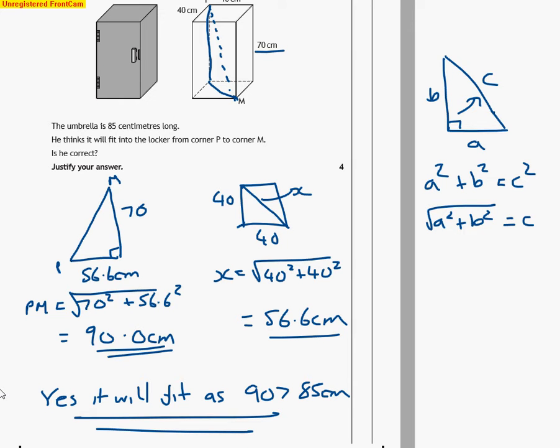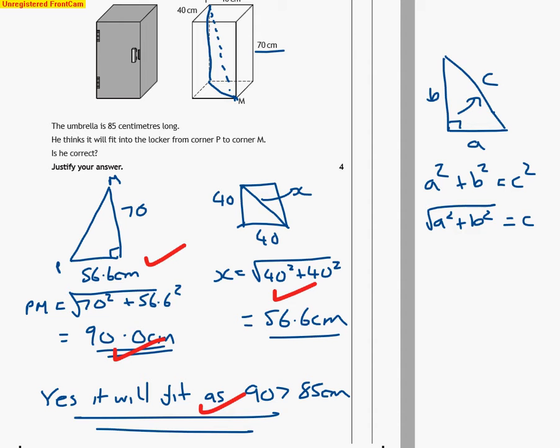Marking scheme wise, you're going to get 2 marks for your strategy, so a mark for this and a mark for this. You get your third mark for working out that the length is 90, and then a mark for your statement as well. So just take your time, label up your diagram, have a wee think.